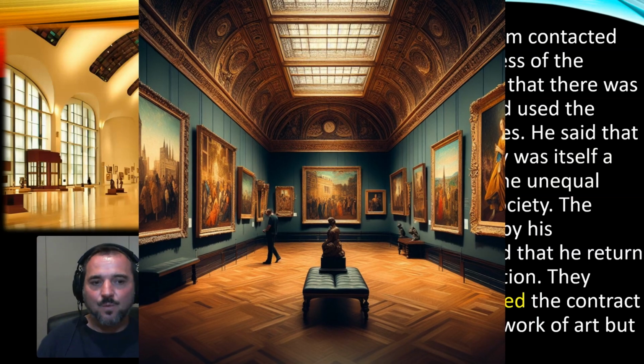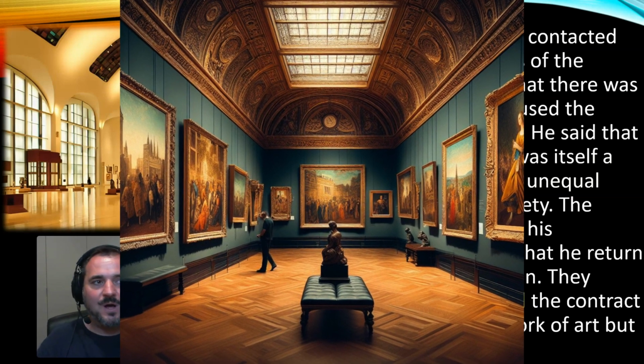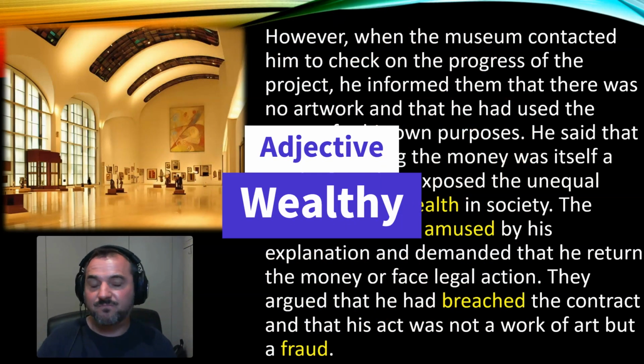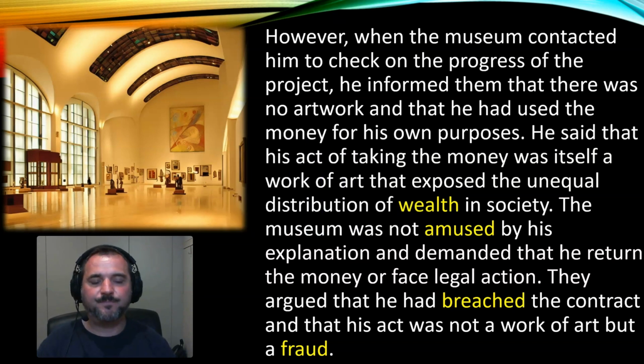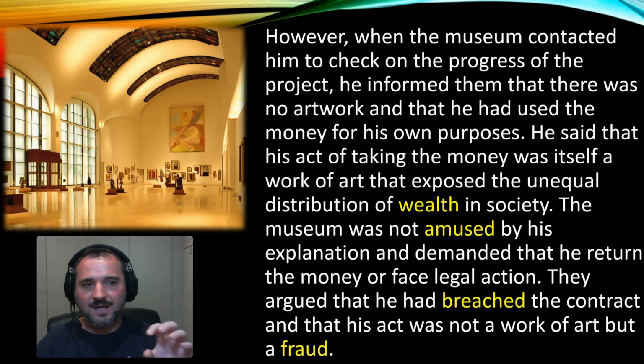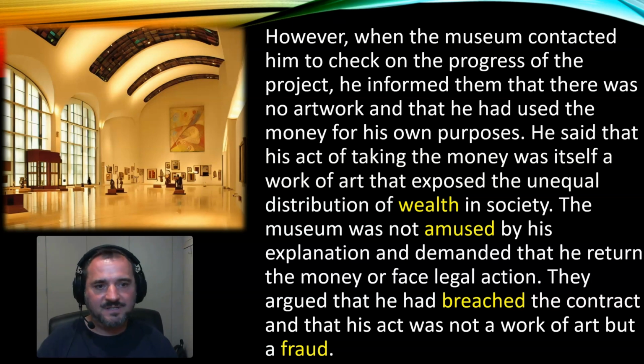The adjective is wealthy. So a wealthy person is similar really to a rich or well-off person. And in this case, the purpose of the artwork that the artist was supposed to produce was to highlight the inequalities in society, the fact that some people are wealthier than others. There's an unequal distribution of wealth.